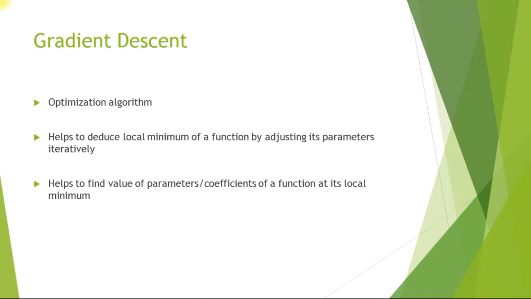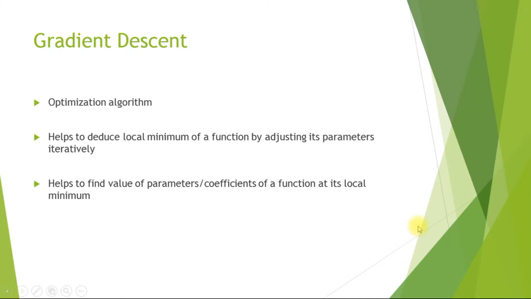So, what is gradient descent? Gradient descent is an optimization algorithm. What I mean by that is, by applying gradient descent, we can have the best optimal algorithm, or the best fitting algorithm, for a linear regression problem. So how do we get the optimization?